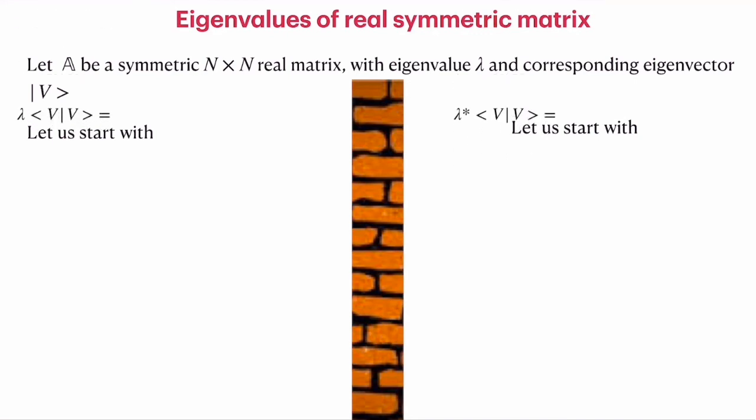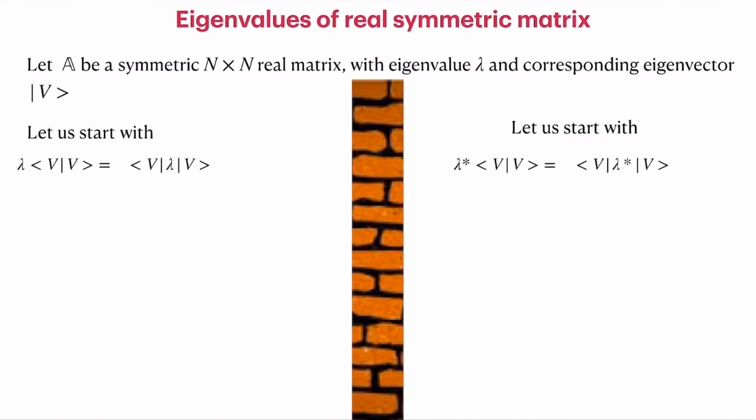The first expression is lambda multiplied by V dot V. On the other side of the wall, we have lambda star multiplied by the dot product V dot V. We are assuming here in general that lambda is complex, and then see what kind of constraints we get.